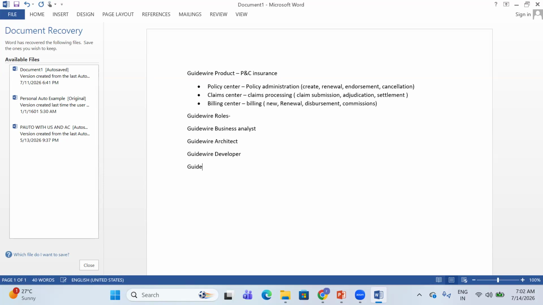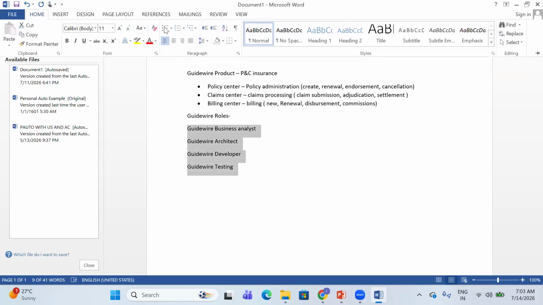Next, Guidewire Tester roles, QA, tester, whatever it is. So these are the four roles you will be finding in Guidewire: Business Analyst, Architect, Developer, and Testing.